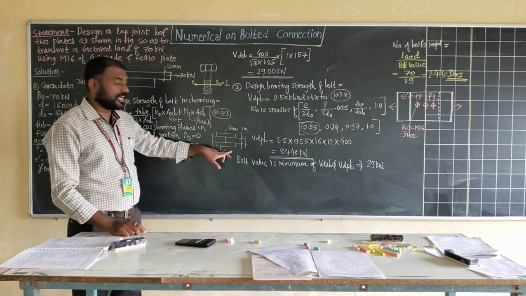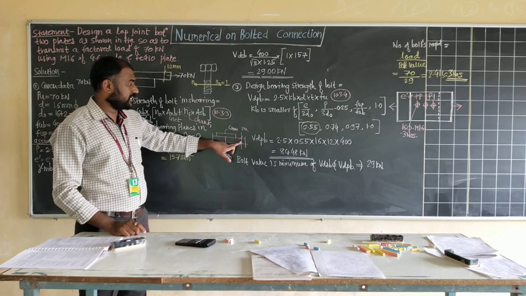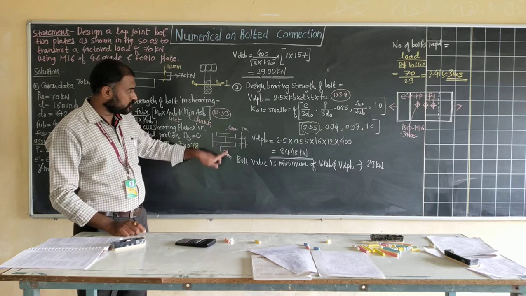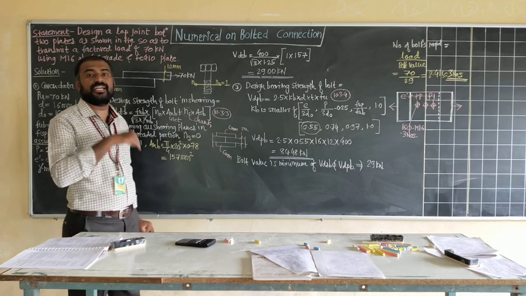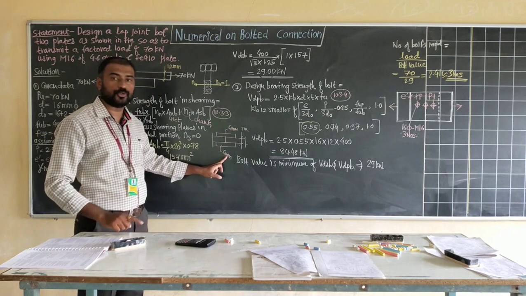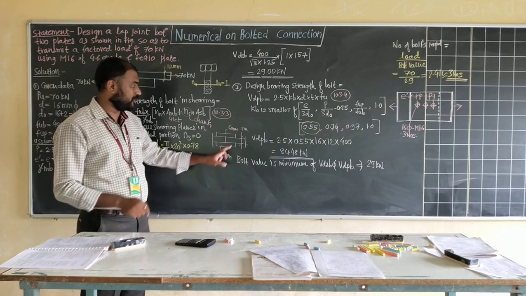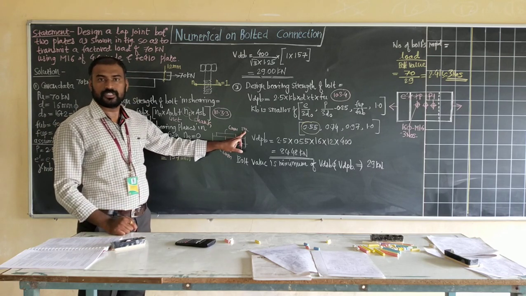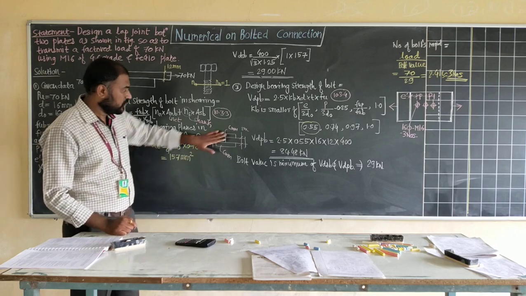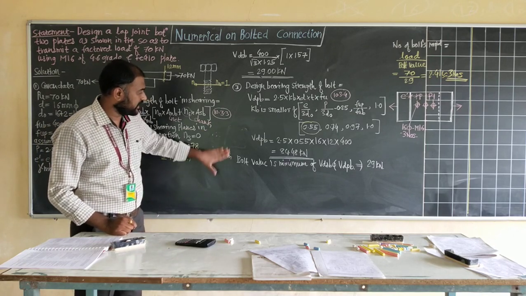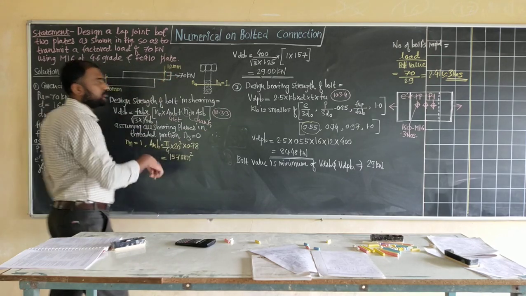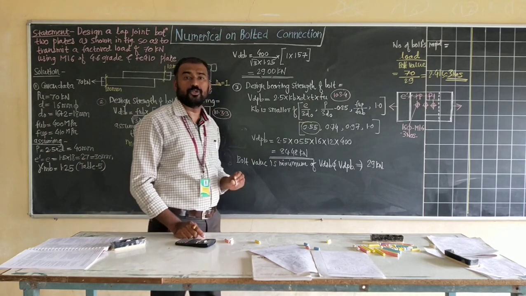In such a butt joint, the connected plate is 8 mm and the cover plates used are 6 mm, so the aggregate thickness will be 6 plus 6 is 12 mm. Here the least value is going to be 8 mm. Correct? Likewise you need to consider. This was only for a butt joint. In case of the lap joint here, the minimum value is 12 mm. Therefore the T value will be equal to 12 mm.